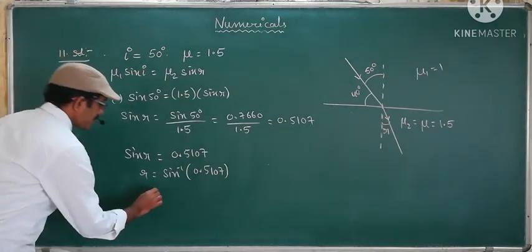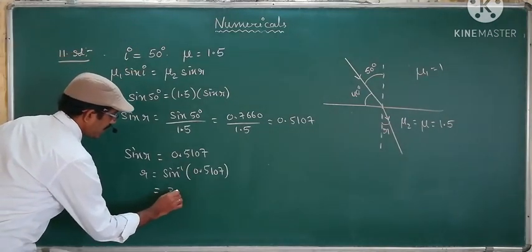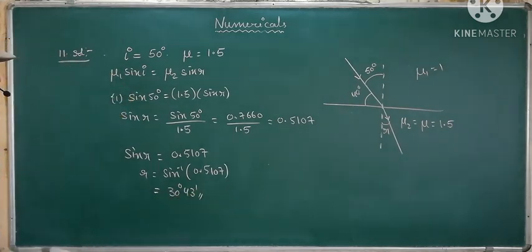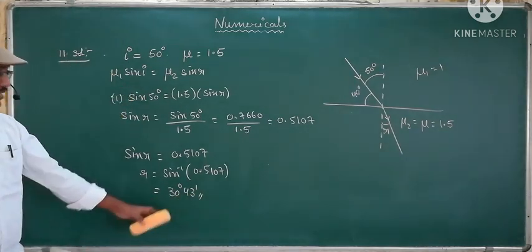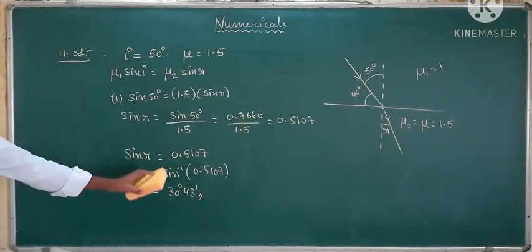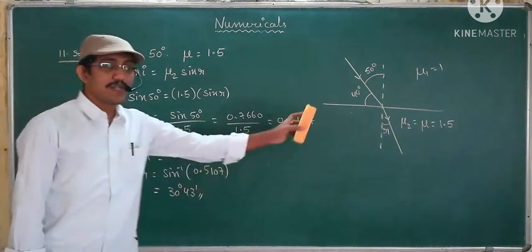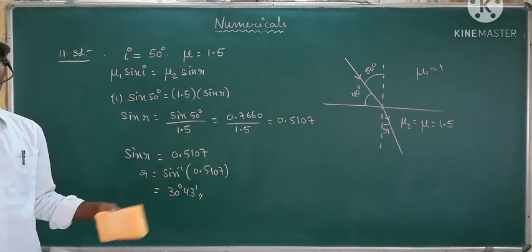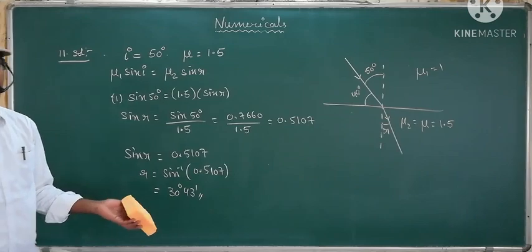So this is equal to 30 degrees 43 minutes. So R is approximately 30 degrees 43 minutes. This is the angle of refraction, also from Snell's law. So I am solving all these problems to show how to apply the formulae or concepts. Got it?